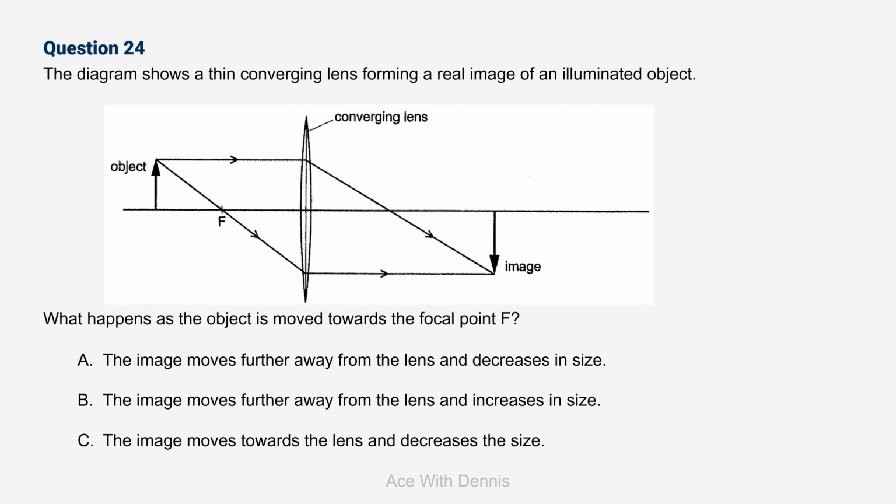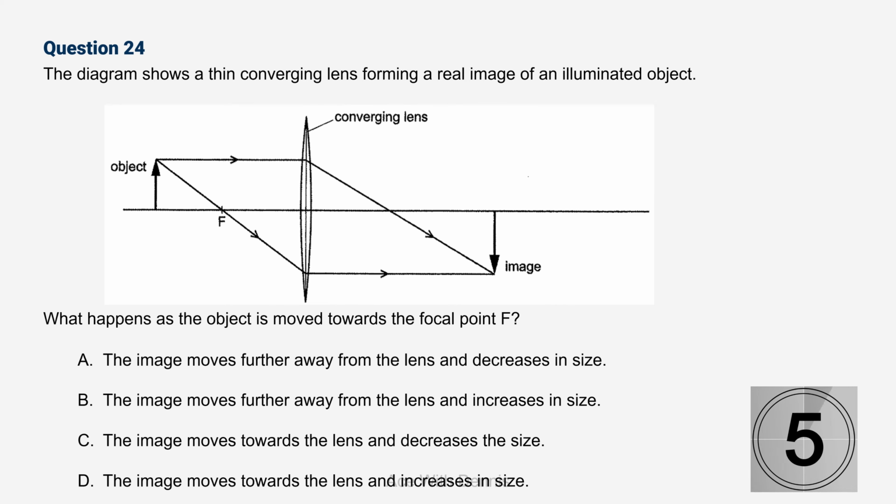C, the image moves towards the lens and decreases in size. Or D, the image moves towards the lens and increases in size. The answer is B, the image moves further away from the lens and increases in size.